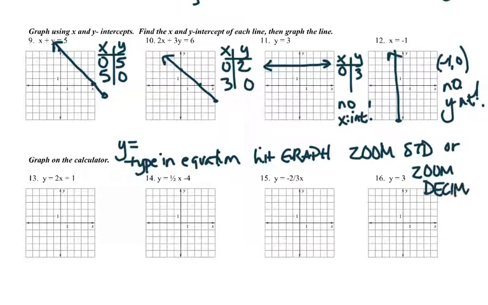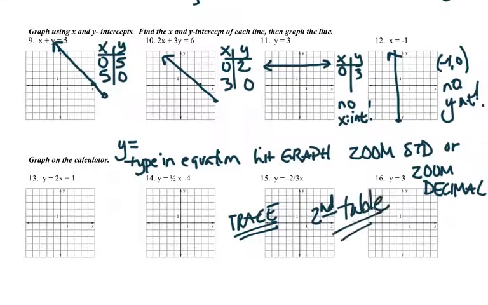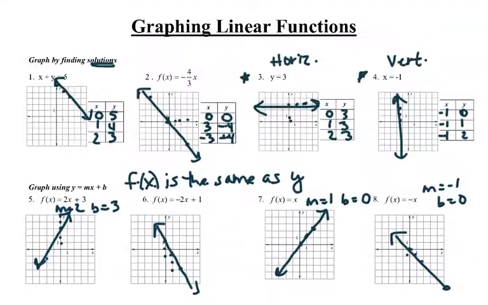And that will give you a picture of the line, and you can use the trace key that helps you see the ordered pairs. You can go to second table, and that helps you see that XY chart. So we'll do that in class, but you'll be able to figure that out pretty intuitively just by looking at your graphing calculator. So here is graphing linear functions.